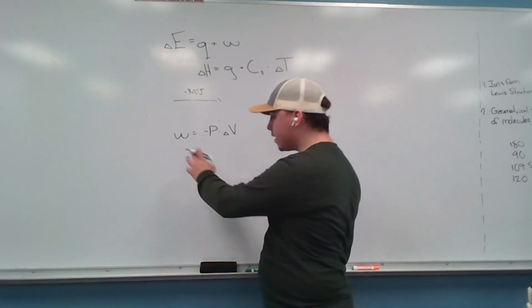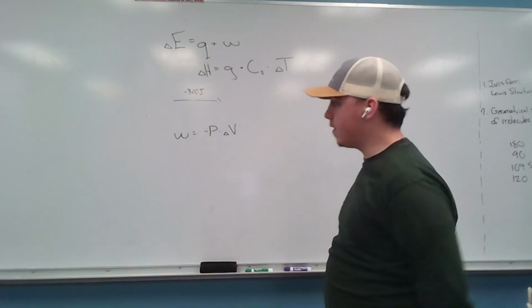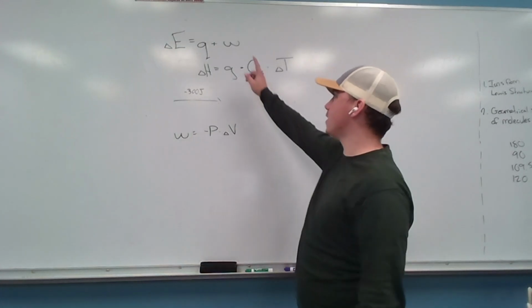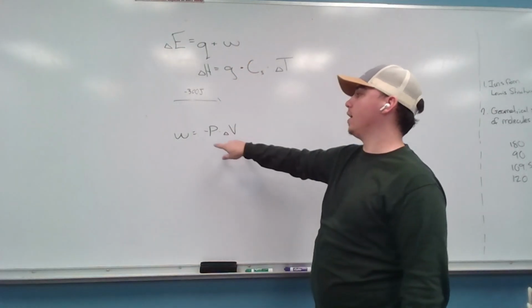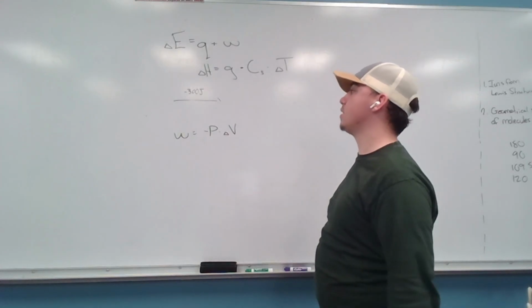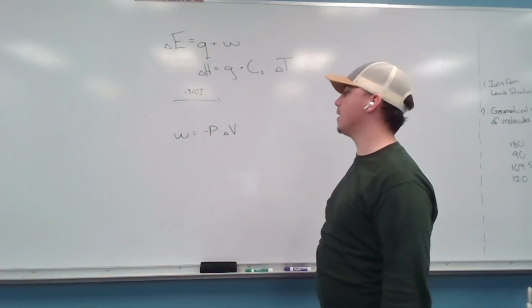If the work was negative, that means the system did work. If the work is positive, that means work was done on the system. But it doesn't matter if you plug it into this equation. You just plug it in with the sign, and you will be good. So delta E. That's what it is.